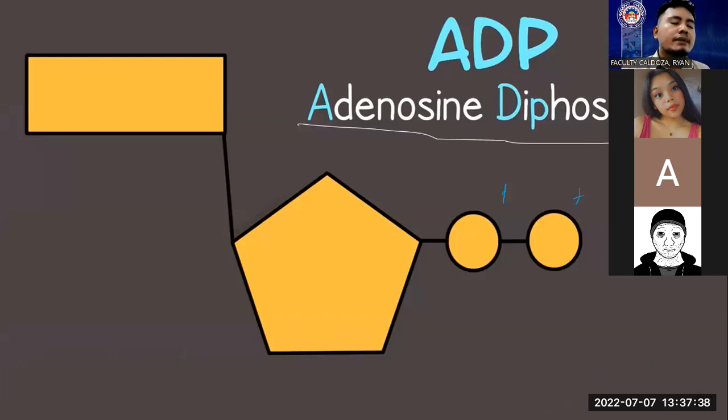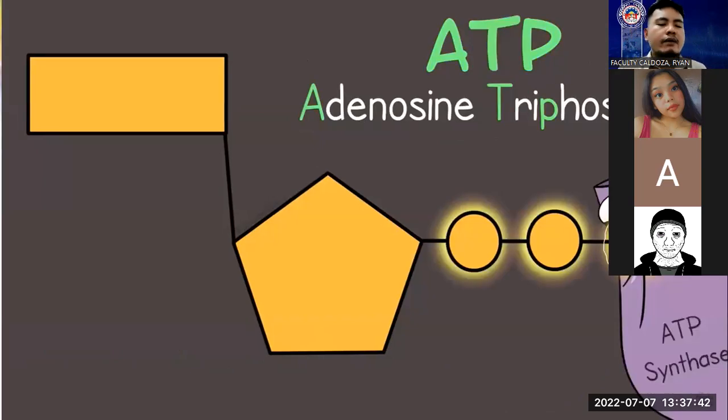Kailangan niya pa ng isa pang molecule. Kaya ngayon, ang gagawin ng tinatawag natin na ATP synthase dahil pinapapasok niya ang proton gradient, ididikit niya ngayon ang tinatawag natin na adenosine diphosphate para maging tatlo na yung kanyang phosphate. At tatawagin natin siya as adenosine triphosphate. Imagine mo, importante na ginagampanan ng tinatawag natin na ATP synthase.